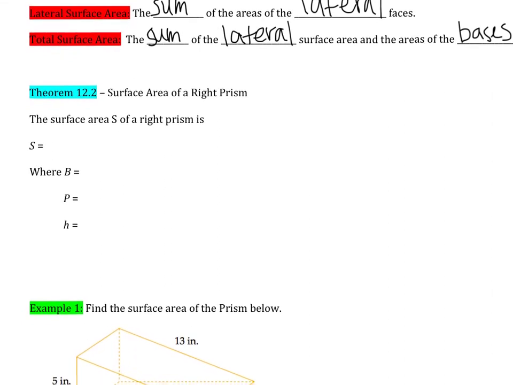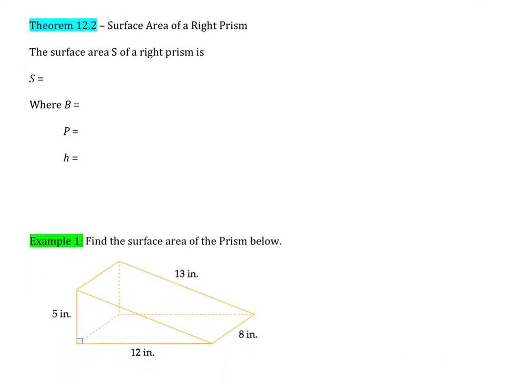Theorem 12.2 deals with the surface area of a right prism. A right prism just means that the height forms a right angle when drawn down to the base.